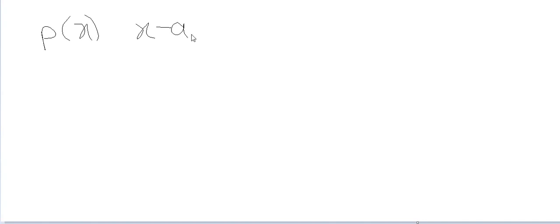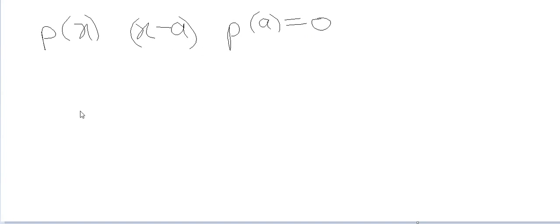So the factor theorem says that if x minus a is a factor of p(x), then p(a) would be equal to 0. The converse is also true. That is, if p(x) is divided by x minus a and if p(a) is equal to 0, then x minus a is a factor of p(x).